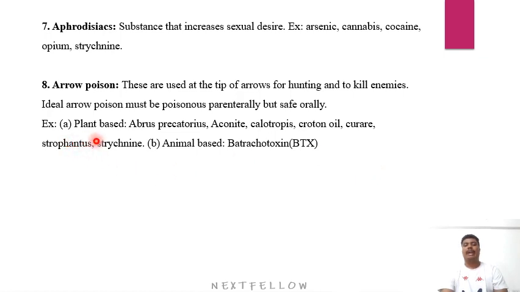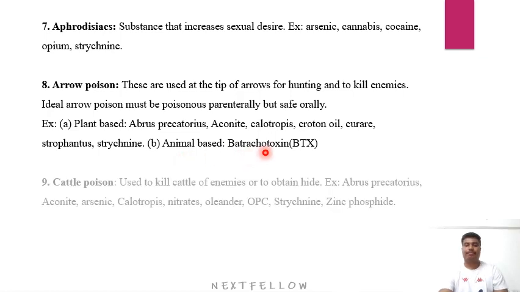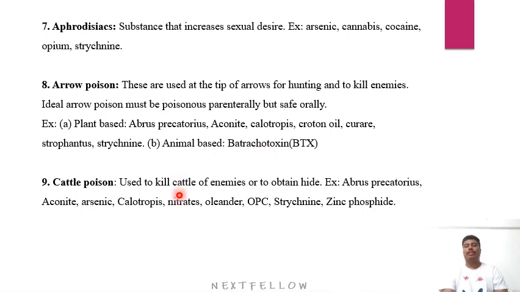Examples are plant-based: Abrus precatorius, aconite, calotropis, croton oil, curare, strophanthus, strychnine, and animal-based is batrachotoxin, BTX. Now, cattle poison: it is used to kill cattle of enemies or to obtain hide. Examples are Abrus precatorius, aconite, arsenic, calotropis, nitrates, oleander, organophosphorus compounds, strychnine, zinc phosphide.